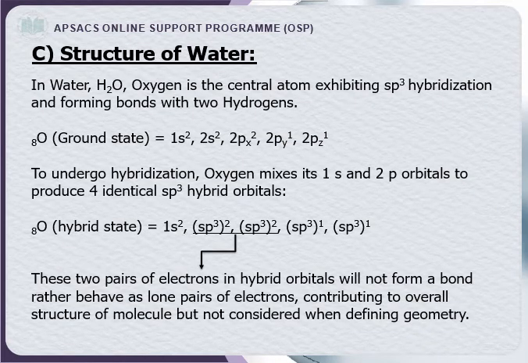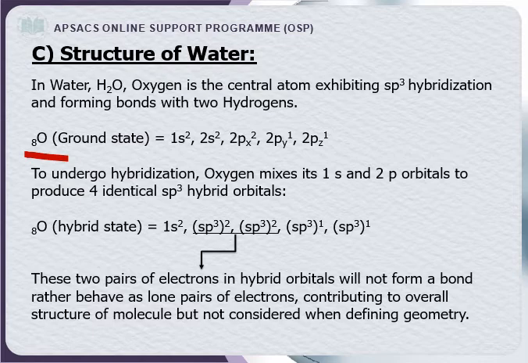Now here comes the structure of water. In water the central atom is oxygen with a ground state arrangement of 1s2, 2s2, 2px2, 2py1 and 2pz1 configuration. As you can see, it has 2 unpaired electrons in the p orbitals.